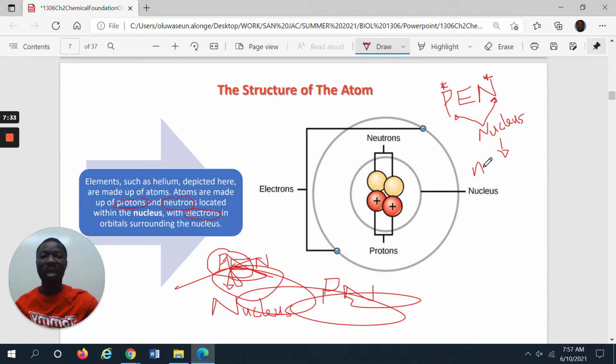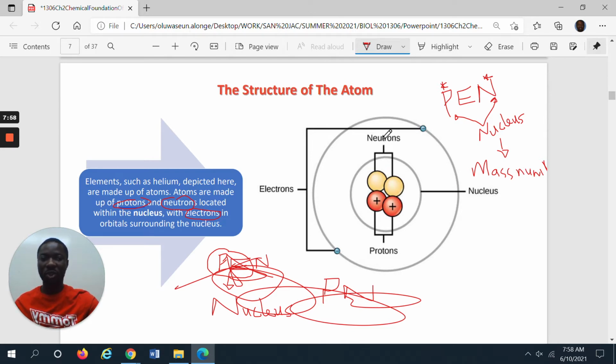That's what determines the mass number or atomic number. So you can call it mass number or atomic number. Usually we'll say atomic number because we are talking about an atom, but it's still the mass number, right? So it's what determines the mass number of the atom.